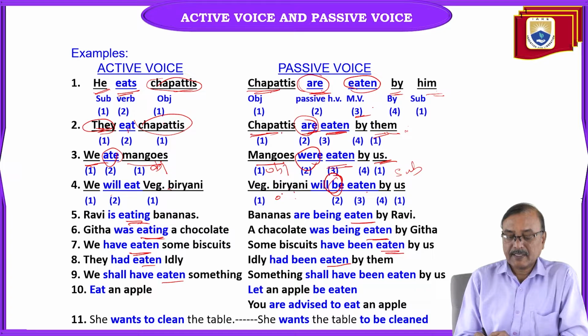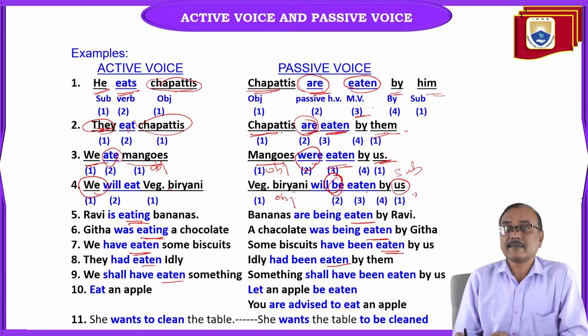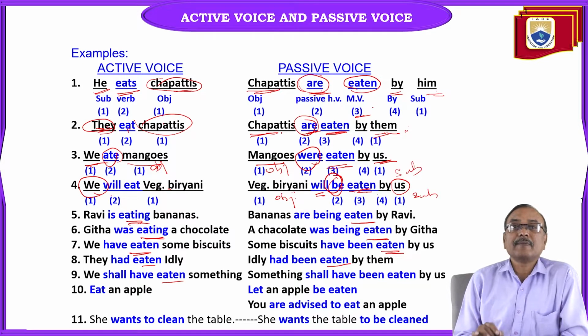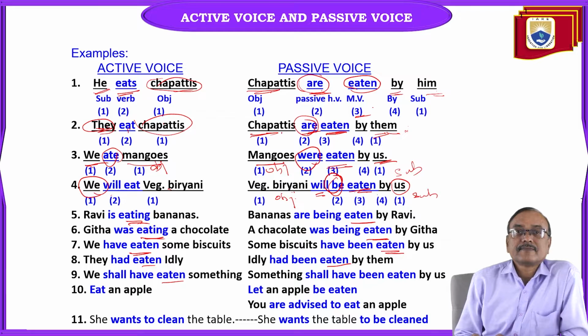This is the object. And we is becoming us here. This is the subject. And the main verb is eaten only. So will remains will only. But before V3, what is coming extra? Be. Veg biryani will be eaten by us.